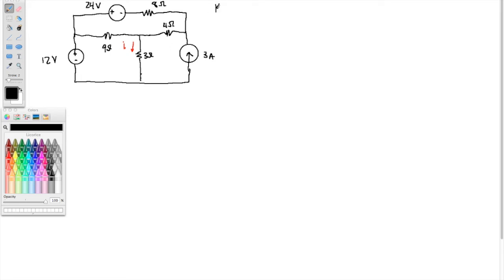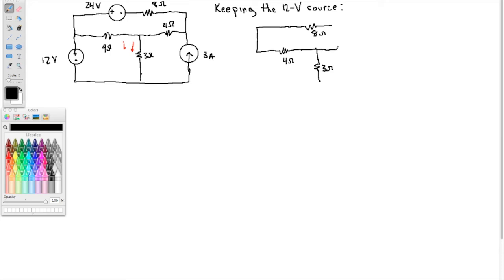Okay, so we'll just write keeping the 12-volt source. The 24-volt source becomes a short circuit, and the current source becomes an open circuit.